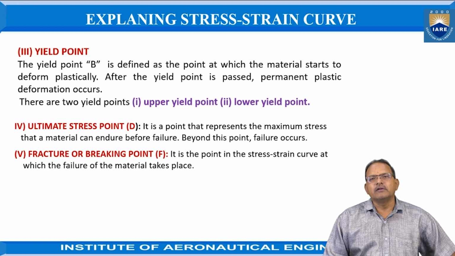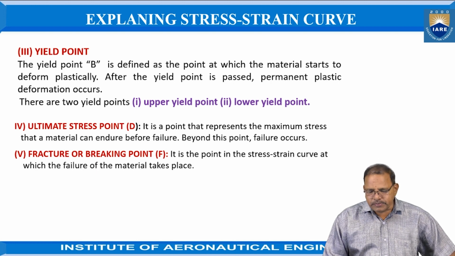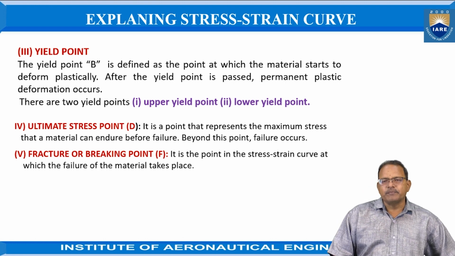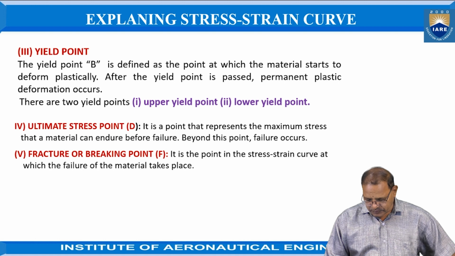F represents the fracture at which the specimen breaks, and the load at which it breaks is called the failure load. The point at which it fails is represented as F.